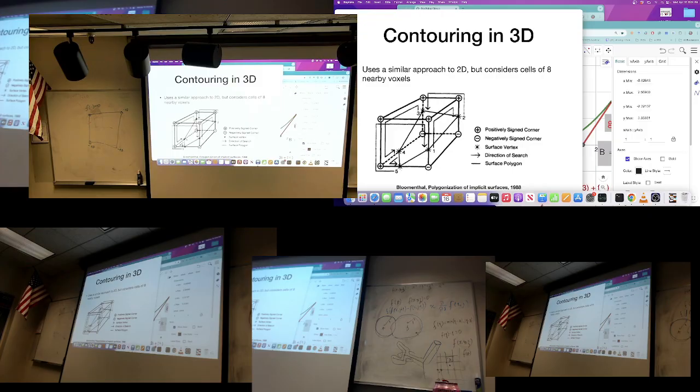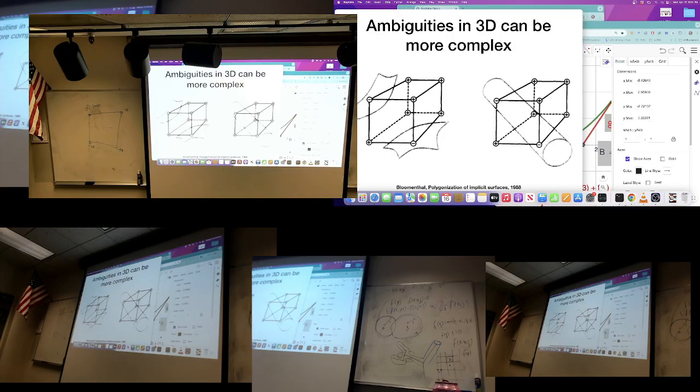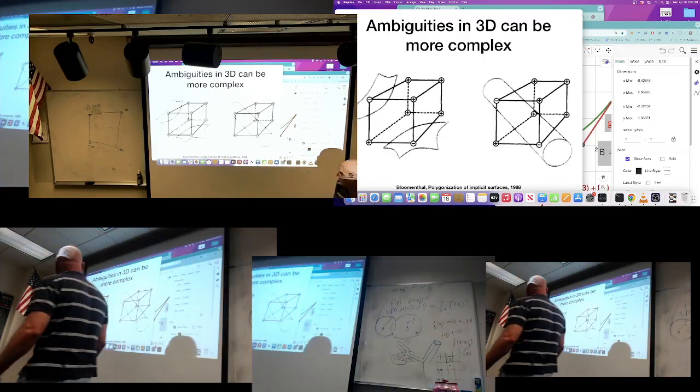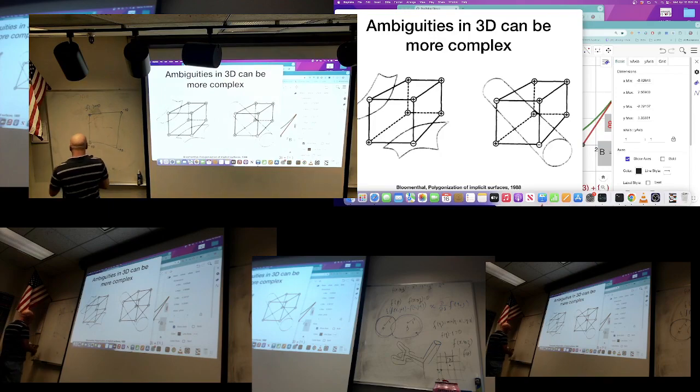I still find, for each one of the 12 edges, if it goes from larger than 0 to smaller than 0, I think that now the surface, it's not a curve anymore, it's a surface that the 0 level cuts this edge. So I need to cut the edge somehow, and there are cases at which I have to handle ambiguity, and this ambiguity actually appears even in 2D.